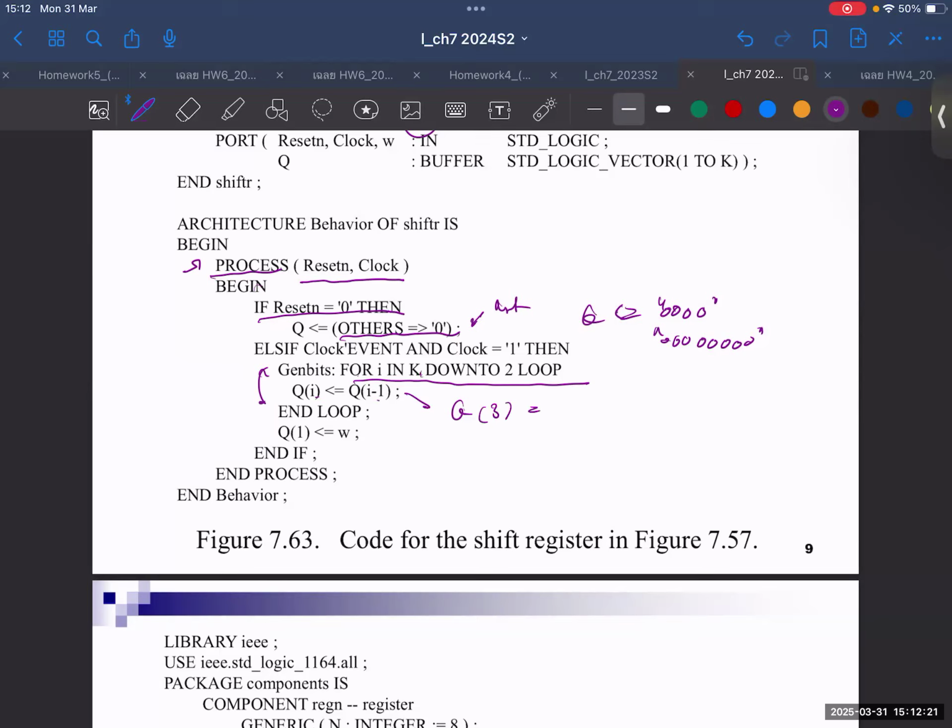So it's like Q3 gets Q2, Q2 gets Q1, and Q1 gets Q0. Oh, no, sorry, just down to 2 only. That's it, these 2 lines, and the last line is Q1 gets W, together. This is by the loops.